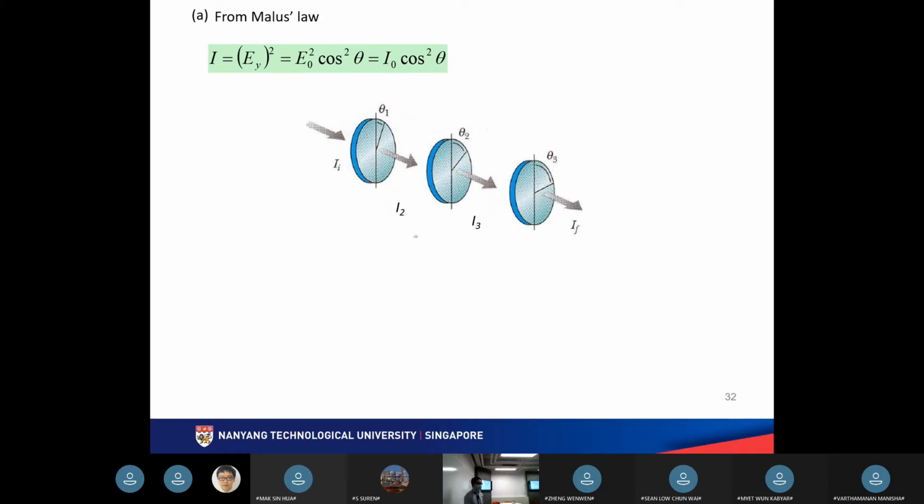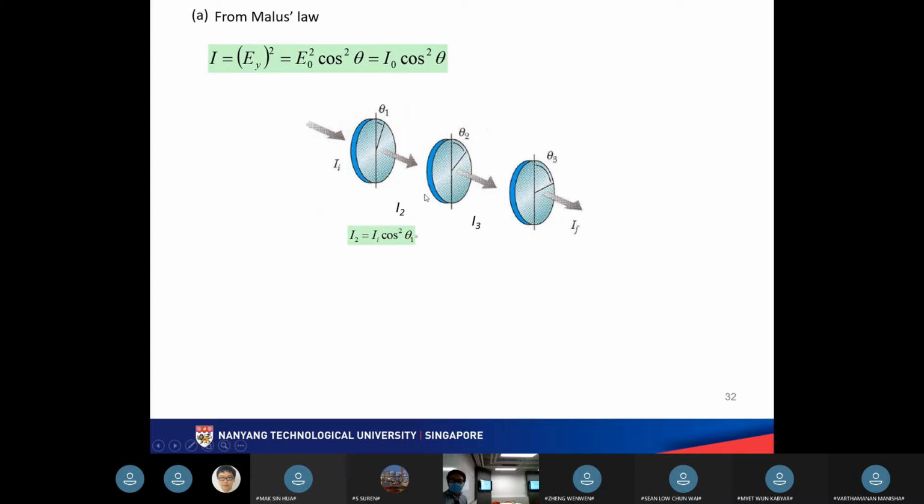Unpolarized light passing through a polarizer is always decreased by 1/2, but polarized light passing through a polarizer is decreased by cosine theta squared. So you can find the relationship between I2 and the incident I. My I2 should equal my incident light intensity times cosine theta 1 squared.